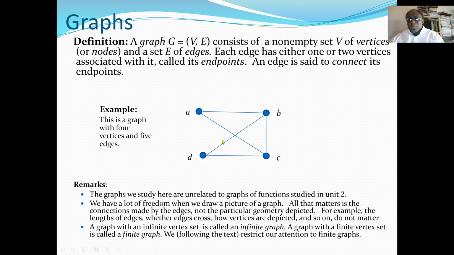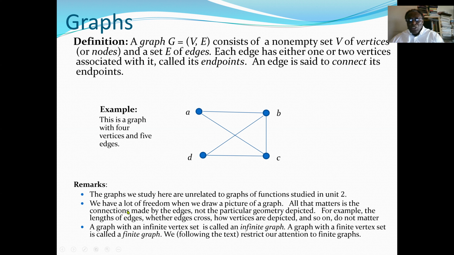In college algebra, we may have X and Y values, and we may plot a graph on a plane. It's different. The graph we study here is about how data is organized, especially in computer applications.